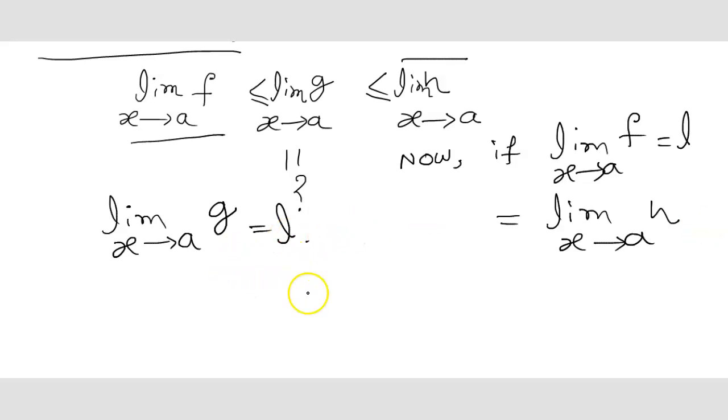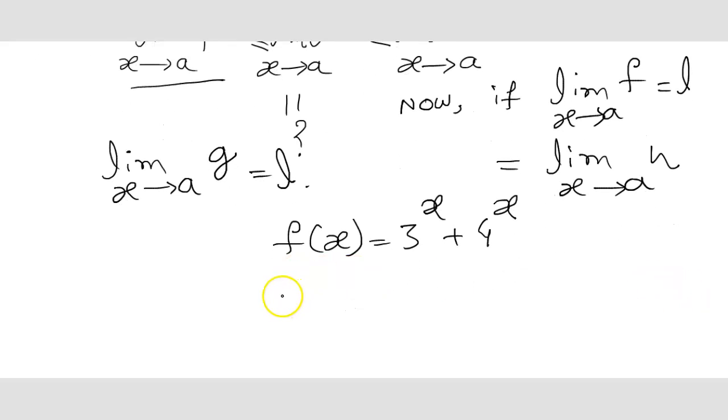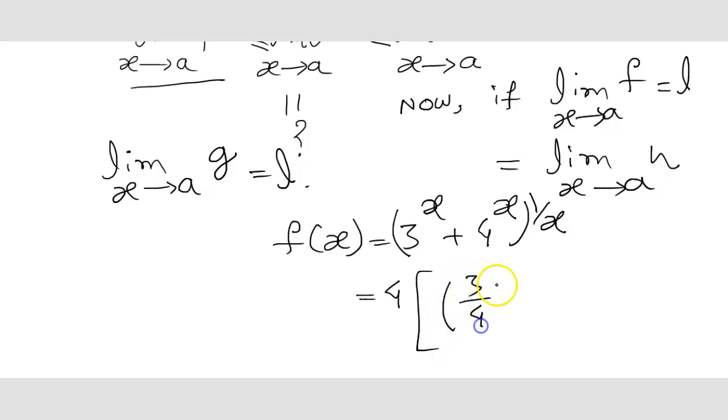We can write f(x) equals (3 to the power x plus 4 to the power x) to the power 1 by x.